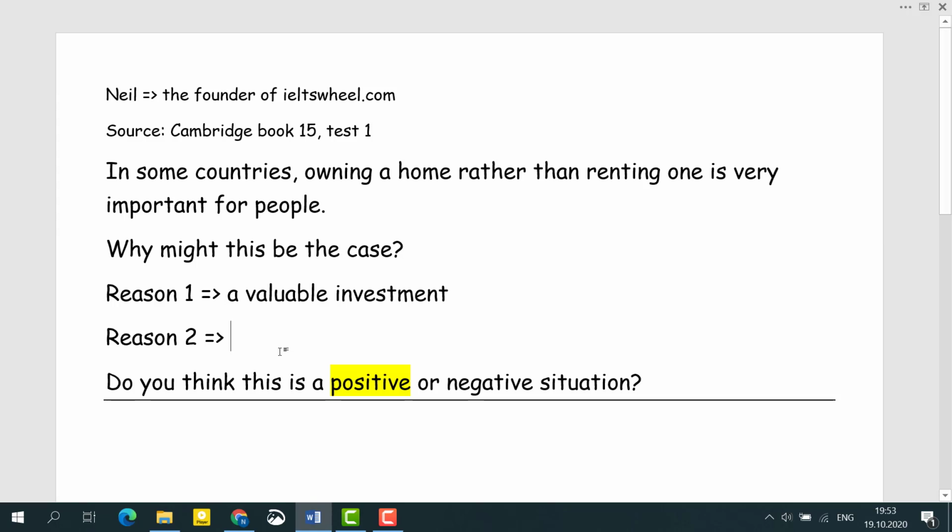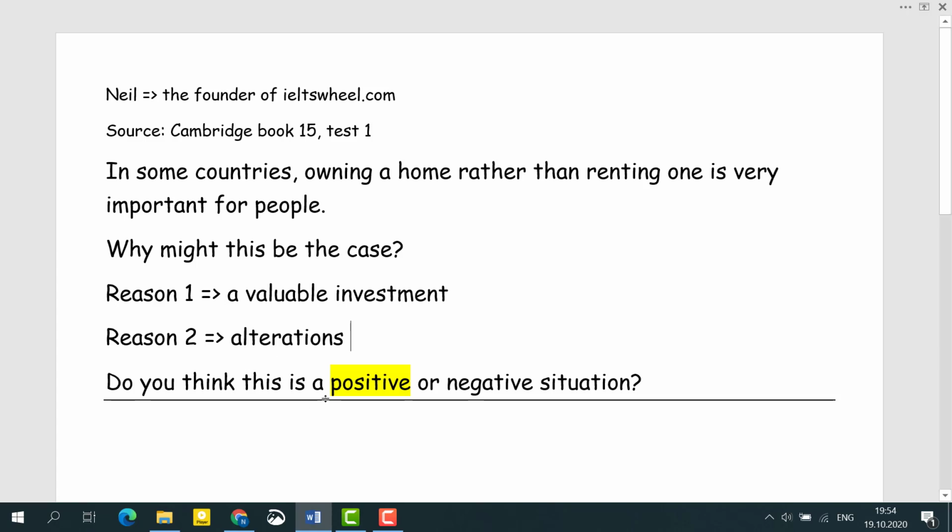For example, I might say that owning a house enables an individual to carry out alterations. So just alterations. Alterations basically means changes. You can change your house, you can create extra rooms, you can enlarge your rooms and so forth.